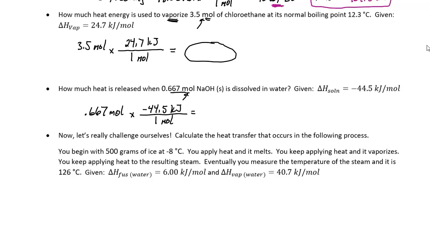This delta H value is negative. That means that heat is released when the sodium hydroxide is dissolved in water. Imagine you were doing this as a lab experiment. You're holding a test tube in your hand. You pour water in that test tube. It's going to feel a certain temperature to your hand when you're holding it. Now, when you drop in the sodium hydroxide particles into that water and they start to dissolve, that process is going to release heat.